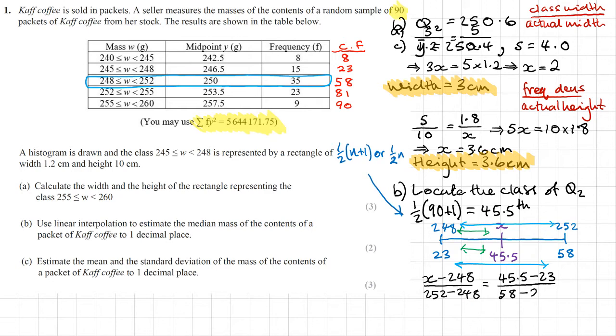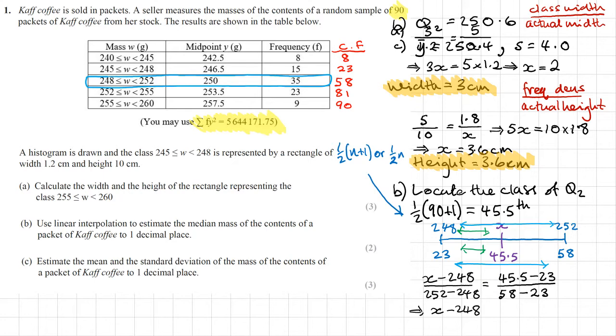Now I could set this up any way I want, but I'm choosing the one where I just get the x appear once, doing it in such a way that it makes it easier to find the value of x and make x the subject.